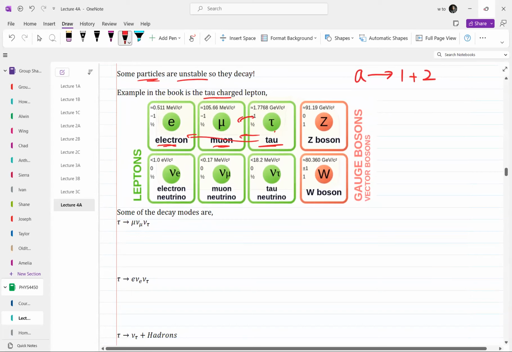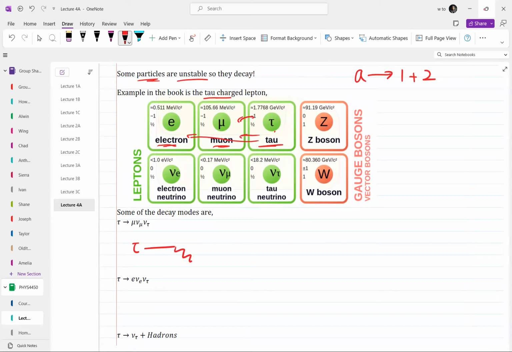Some of these decay modes are, let's say you have a tau decaying into a muon. The Feynman diagram for that will be you have a tau coming in, right? And that tau decays into some W. And in order to conserve the particleness, you're going to have a tau neutrino coming out, right? Okay. And this W, if this is a tau particle, will be a W minus in this case, because the tau will have a negative charge, okay?